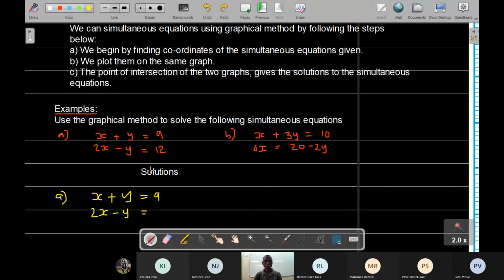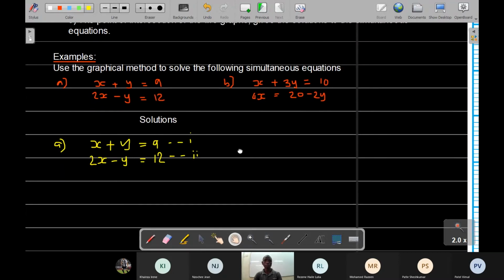It is 12. Okay. So now these are two equations. Remember, I showed you the methods: elimination, substitution. We looked at those ones. So now we have to look at the graphical method.